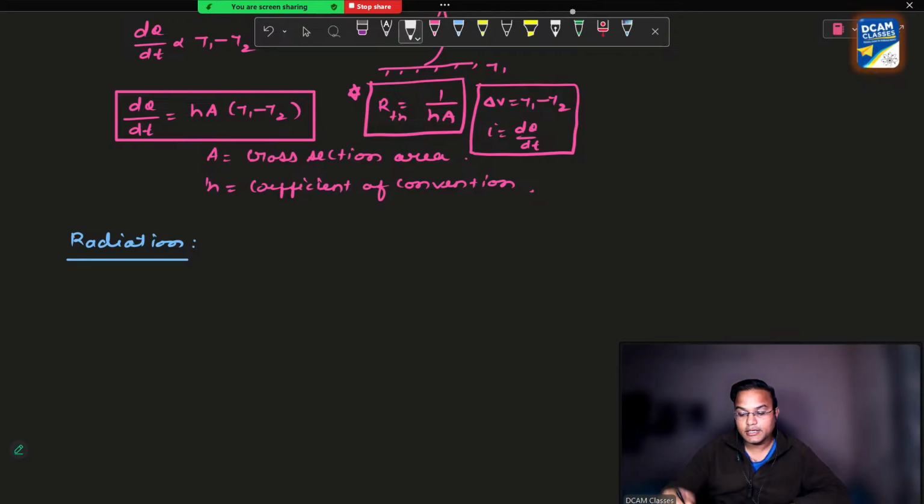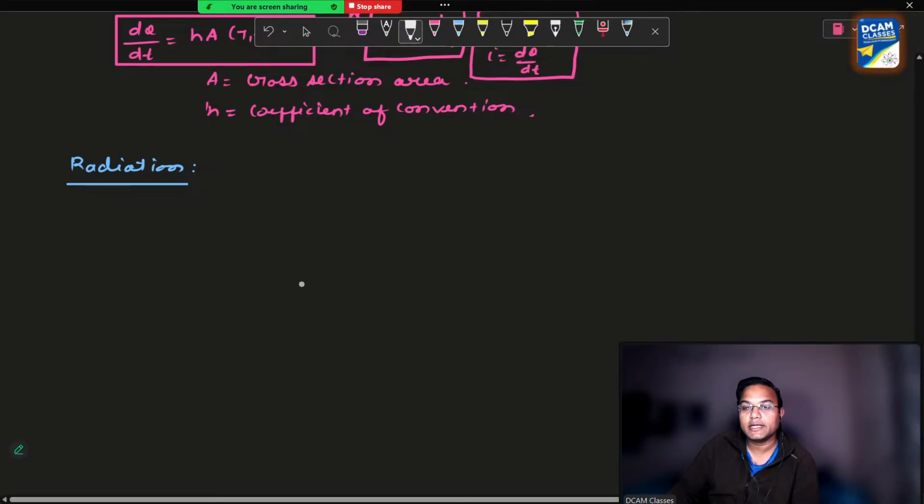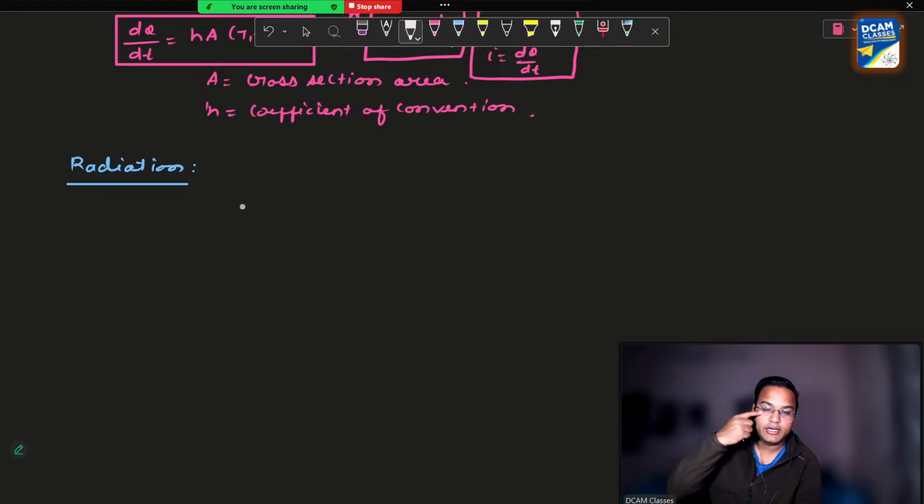For Kanishka, let me tell you what is anomalous expansion of water. Water reaches its highest density. Usually, when we raise the temperature, it absorbs heat, molecules start to move, it expands, and the density begins to decrease.